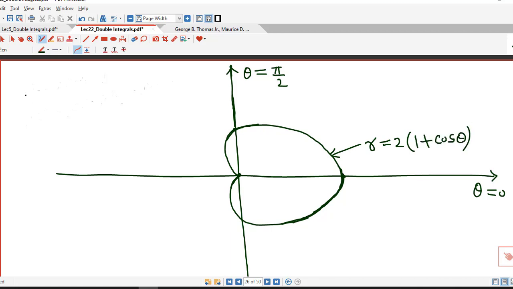Also we have the circle r equal to 2, which is a circle with center 0, 0 and radius 2. Because this distance is 2, the circle will pass through these points. This is the origin. Here also we have to go up to 2, so we approximately consider this distance as 2 and here also 2. So we roughly sketch this circle which is passing through these points.